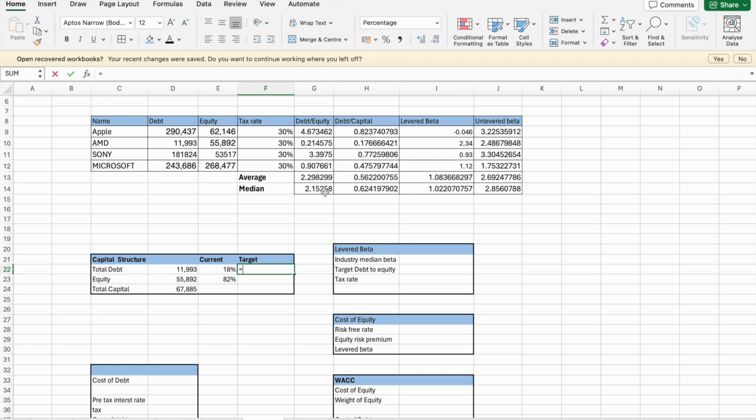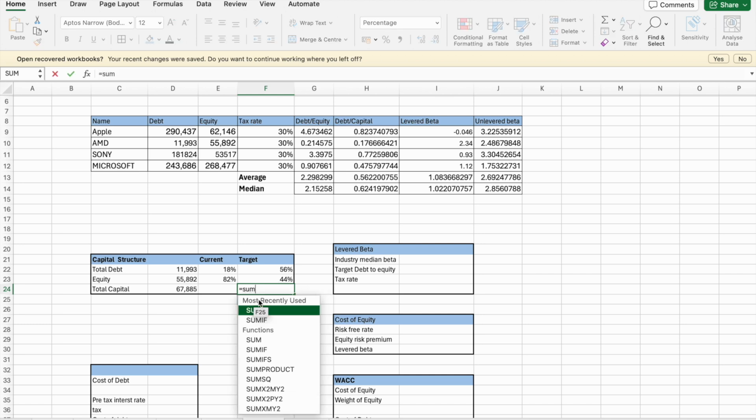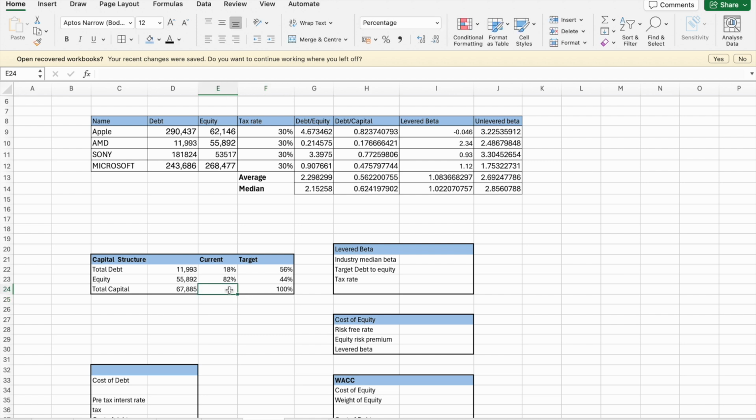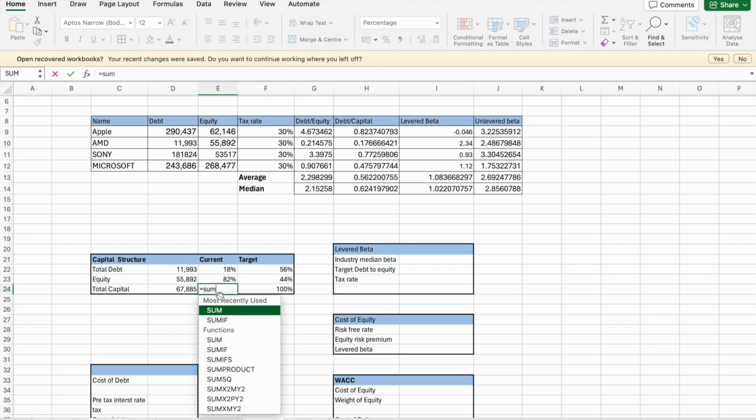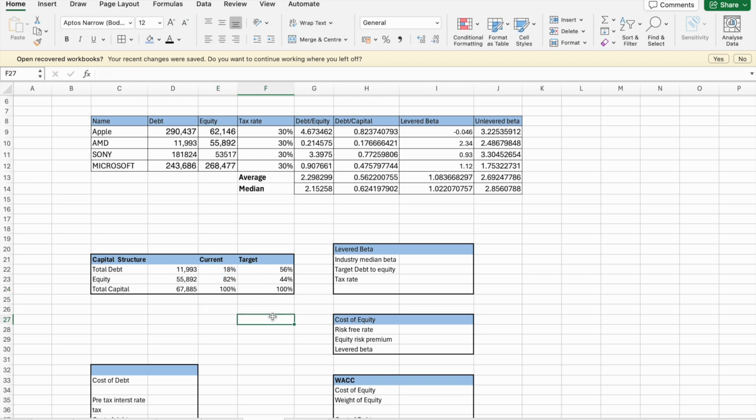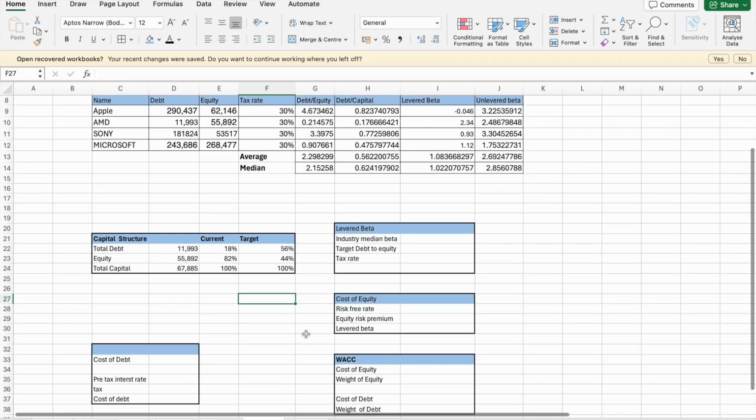So it would be 56%, and then 1 minus this percentage would be our target equity, which we have got from the average of these 4 companies. So we are assuming that in the long term, whatever the industry average, the company is going to follow. Obviously the company is going to follow the industry. So this is it, 100%.